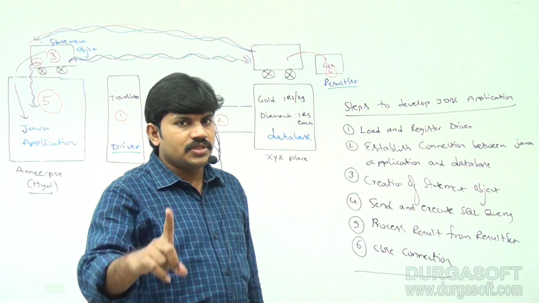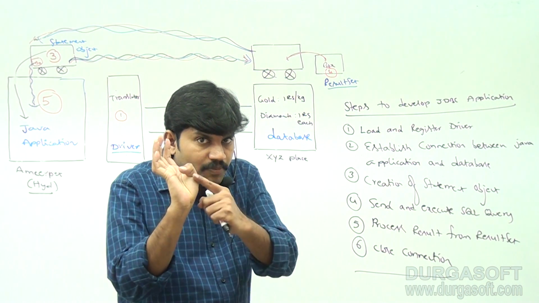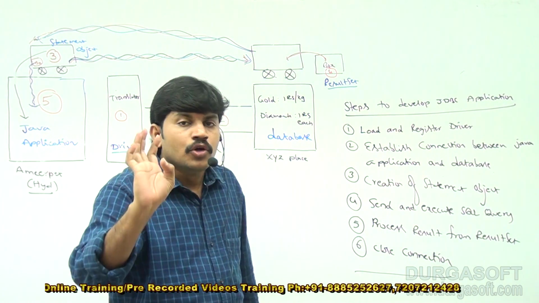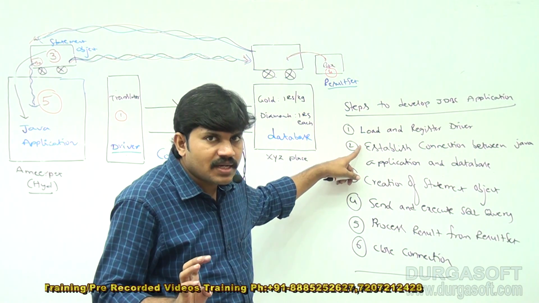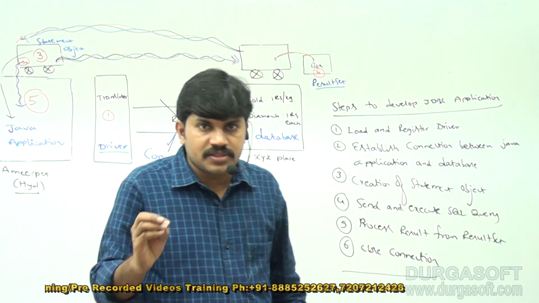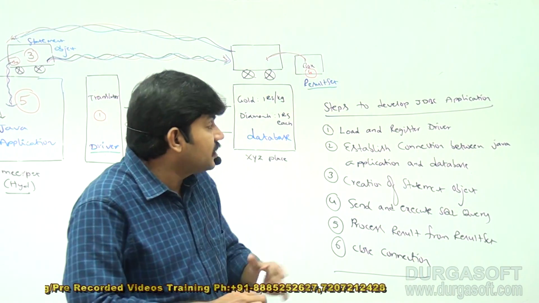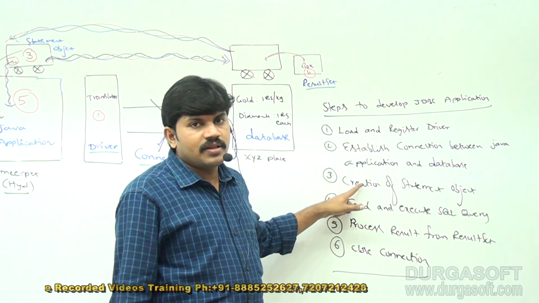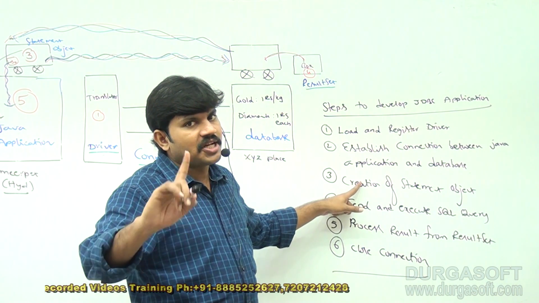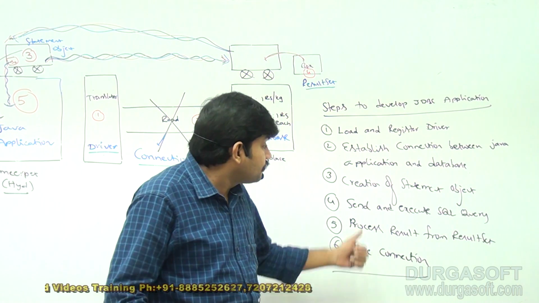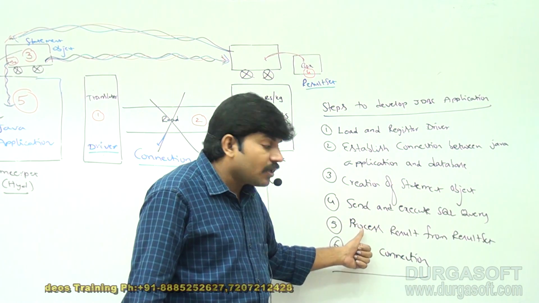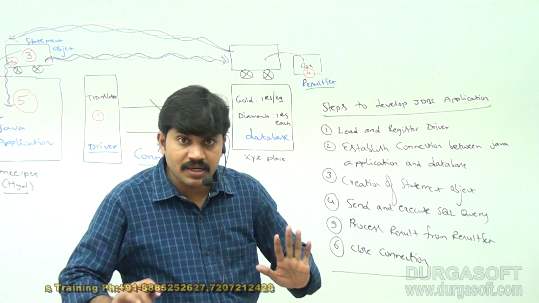Load and register driver. What is the first step? Load and register driver. What is the second one, sir? Establish connection between Java application and database. The third one: creation of statement object. The fourth one: send and execute SQL query. Process results from result set.